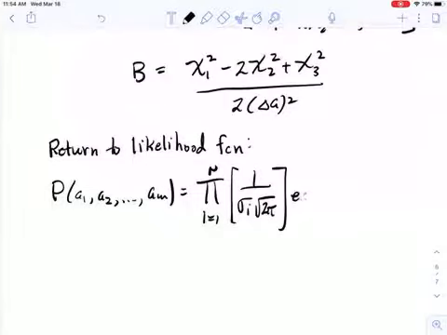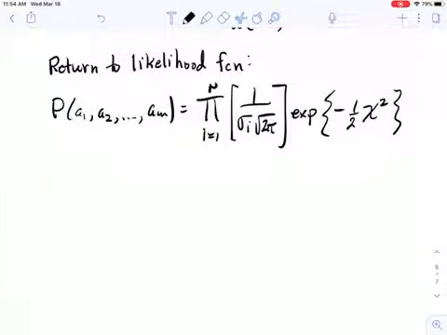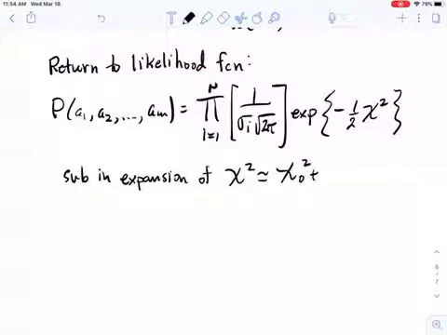And then we had written that it was the exponential of minus 1/2 of chi squared. So we're going to return to this function and we're going to sub in the expansion of chi squared, which was chi0 squared plus b aj minus aj star squared. So that's that quadratic.